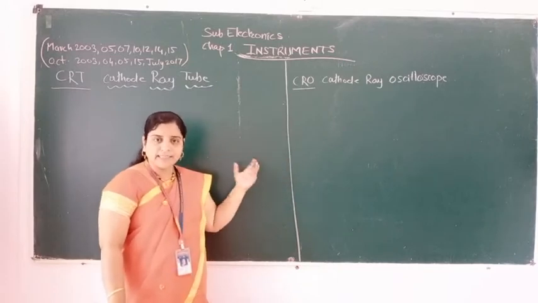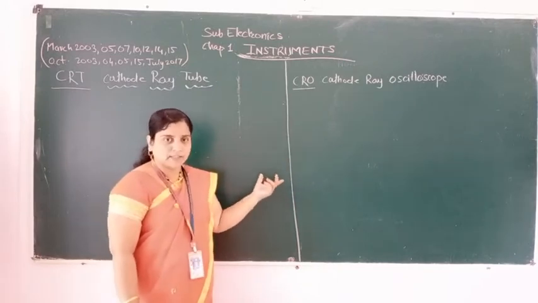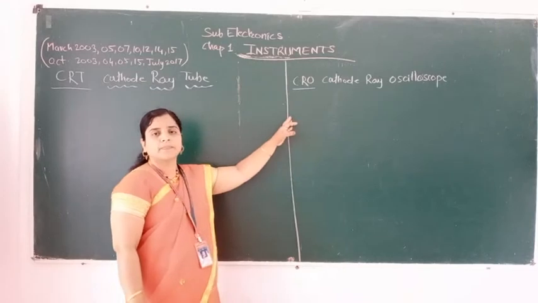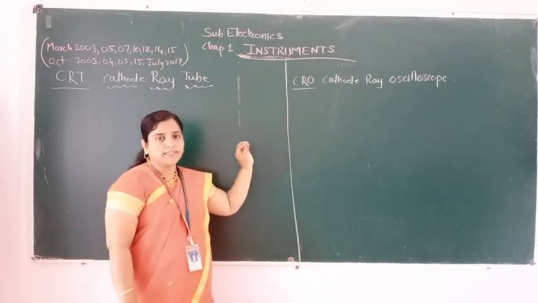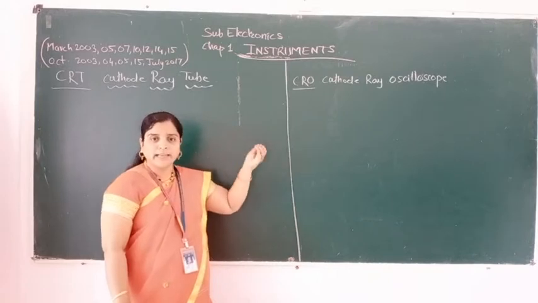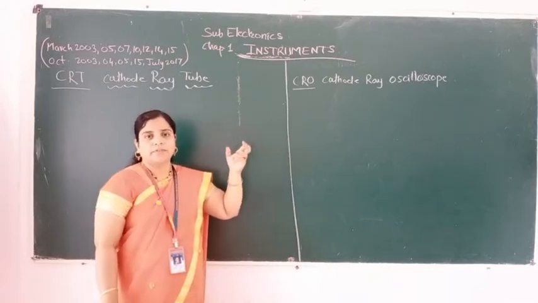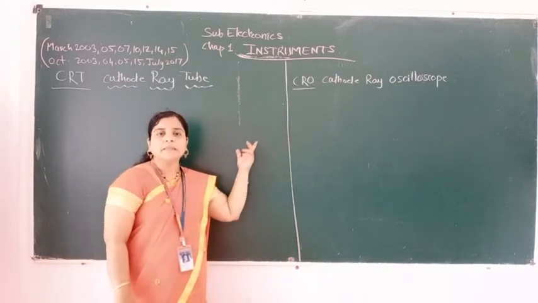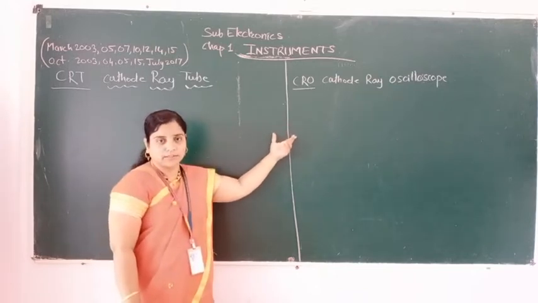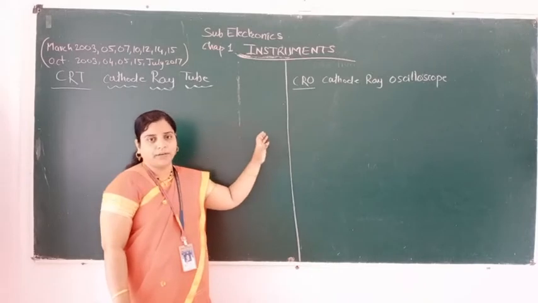In previous days, CRO was used in TVs. Now it is used in laboratories. So in electronics, CRO works as a stethoscope works for the doctors. So it is so important.